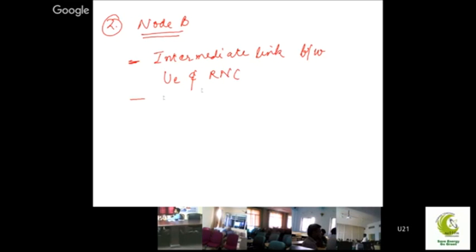Again, the tower or the node B also has the feature of power level measurement.